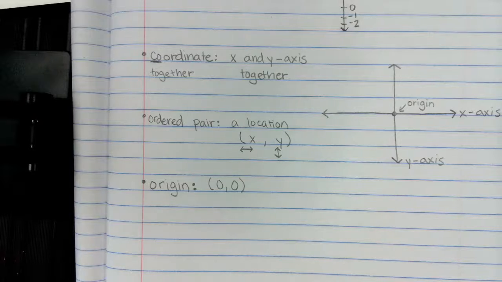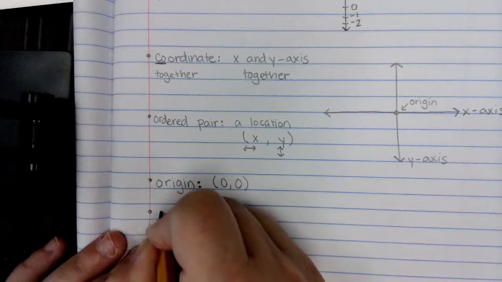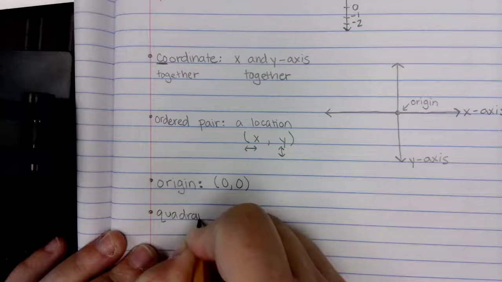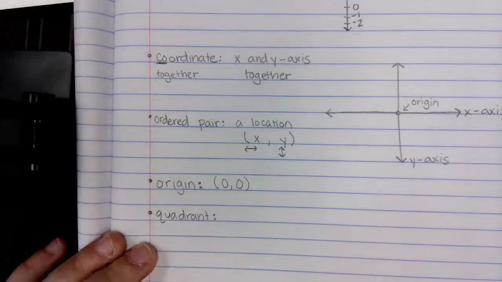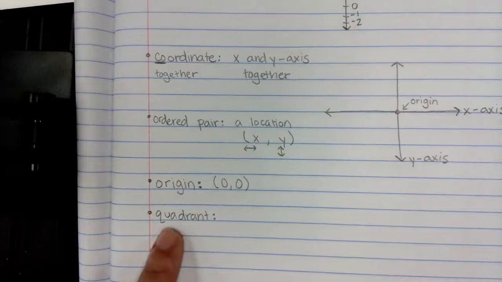All right, last word is quadrant. What prefix do you see with quadrant? Quad. What does quad mean? 4.